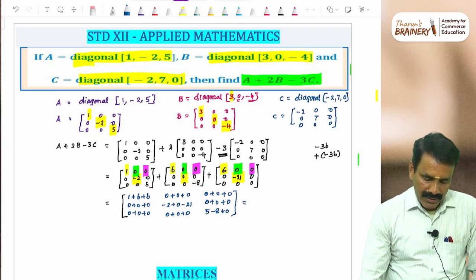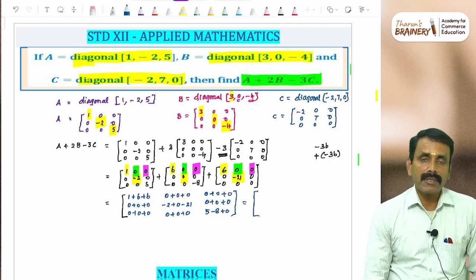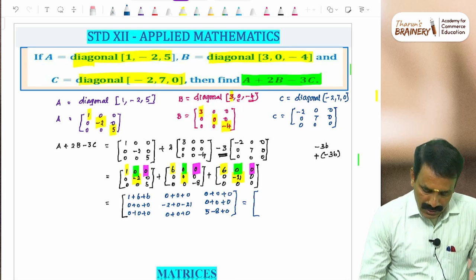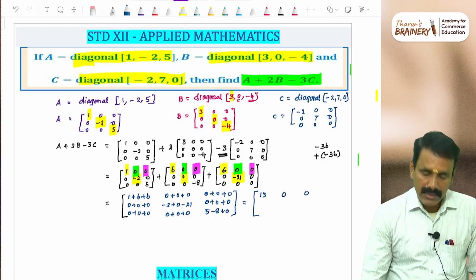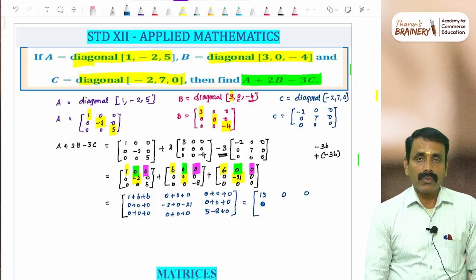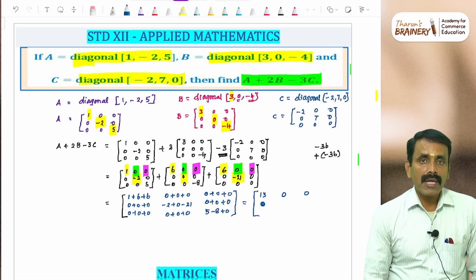We try to simplify each element of the matrix. This is 1 plus 6 plus 6. All the elements have the same sign, so we add 6 plus 6 plus 1. The answer is going to be 13. Again, next one is 0. Then 0. Second row, first column element, 0. Here, minus 2 plus 0 minus 21. So minus 2 and minus 21 have the same sign, negative.